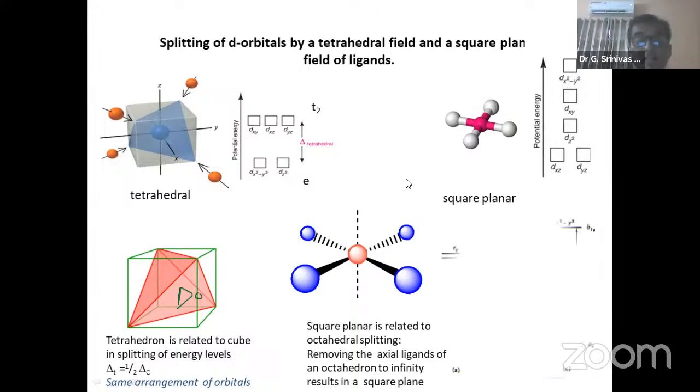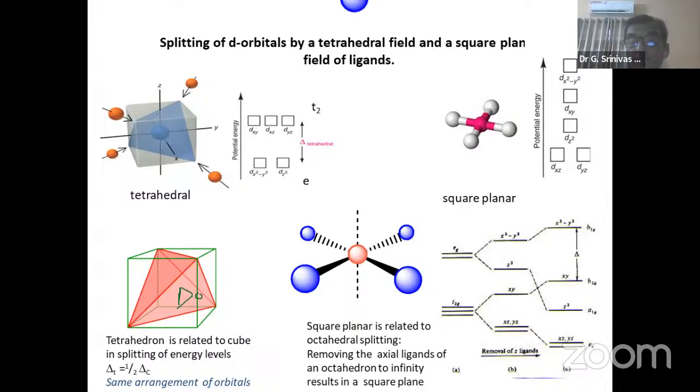Whereas in tetrahedral splitting, the ligands are approaching from in between the axes. That's why the dxy, dxz, dyz orbitals' energy is increased, and the dx square minus y square and dz square orbitals' energy is decreased. So the tetrahedron is related to the cube in splitting of energy levels.